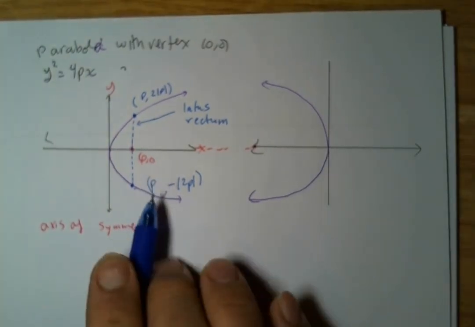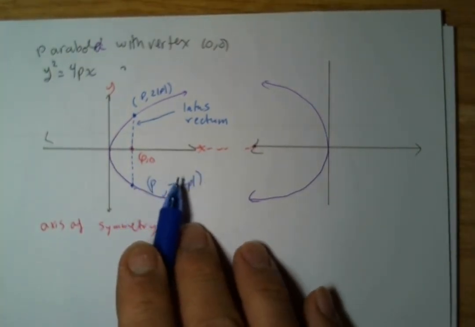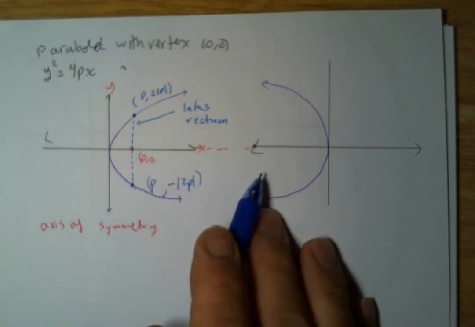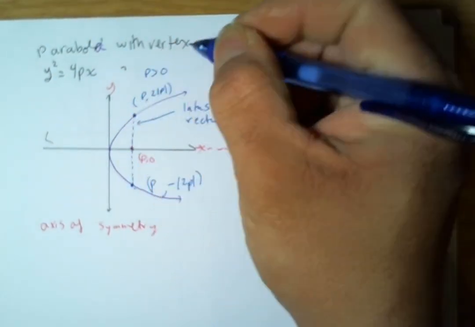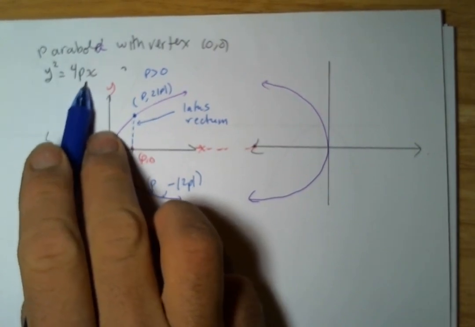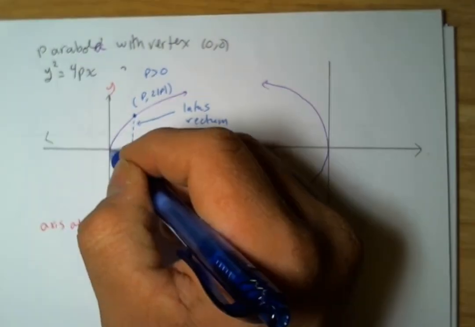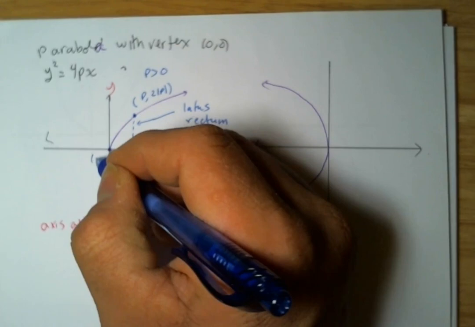Depending on which direction it opens, in this case if it opens to the right, the value of p is positive. And so we have a positive value here. And again, here is the vertex at 0, 0.